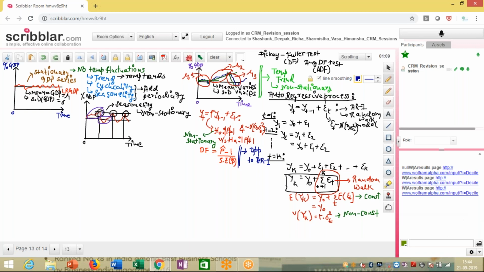So that is what we try to do in this particular exercise, right? The next thing we look into is how the augmented Dickey-Fuller test is done. Now, I'm not writing the augmented Dickey-Fuller test statistic.